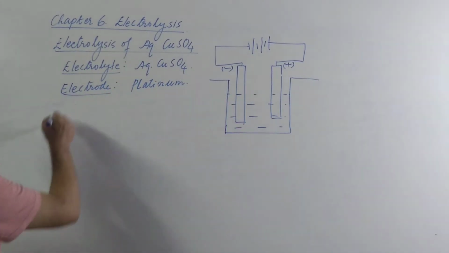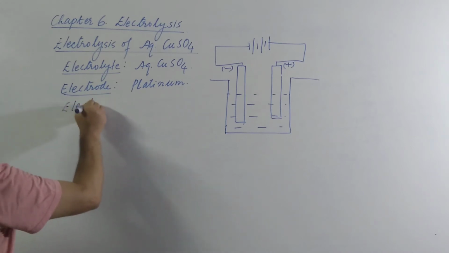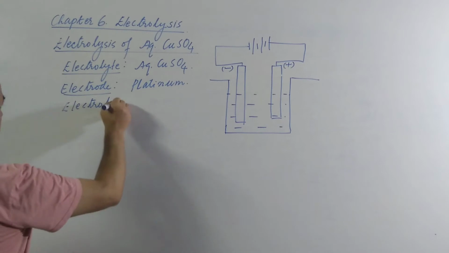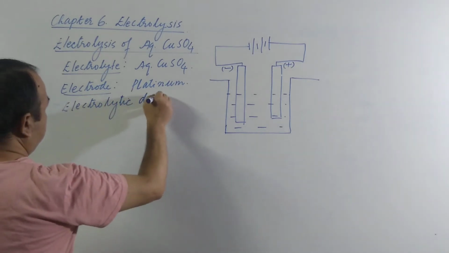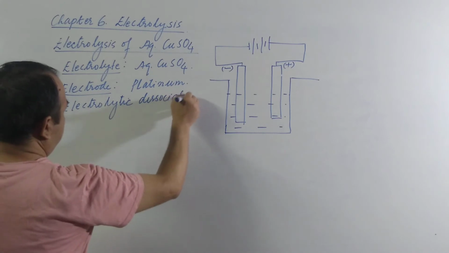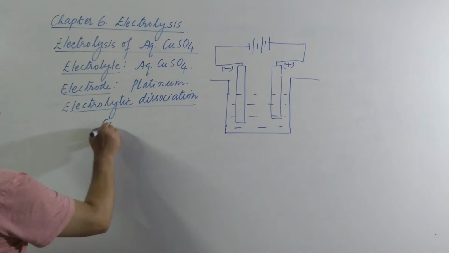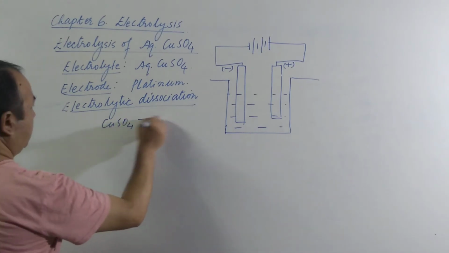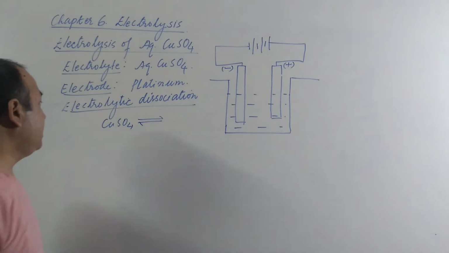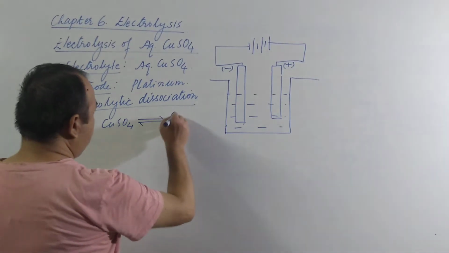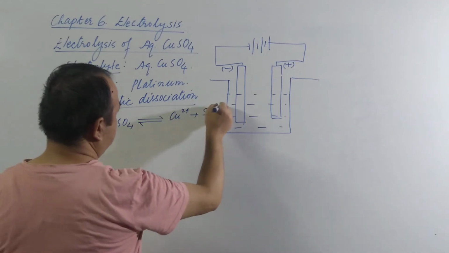Now comes the electrolytic dissociation. When electricity is passed through the copper sulfate, it gets decomposed to form copper ion and sulfate ion.